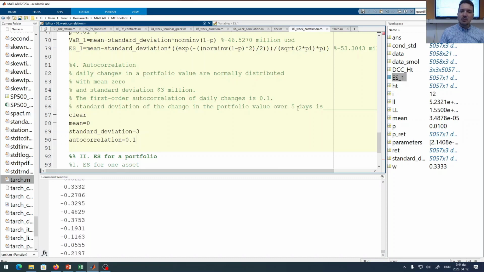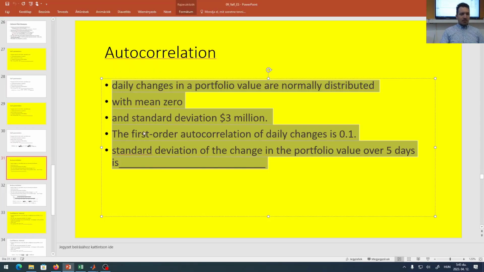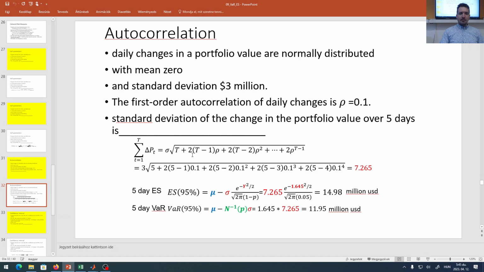Standard deviation for the change in the portfolio over 5 days. So standard deviation for 5 days equals, we have no idea. So here in this case we should define the change in the price.